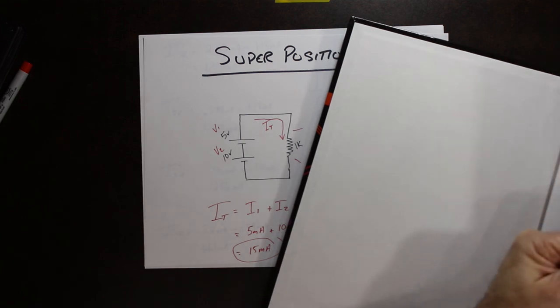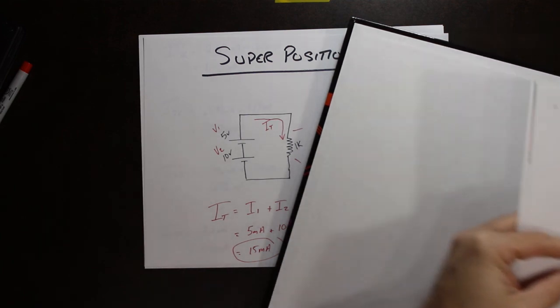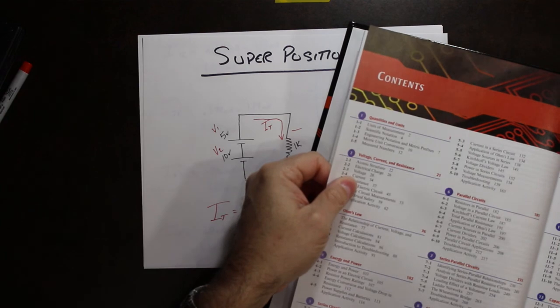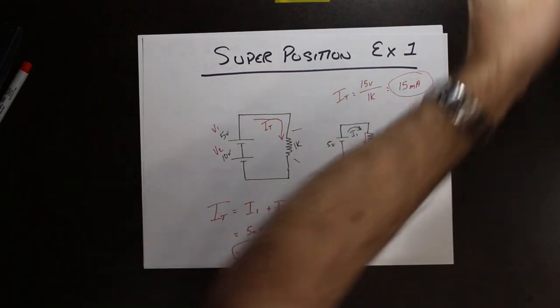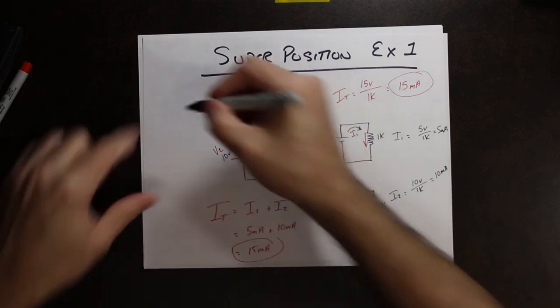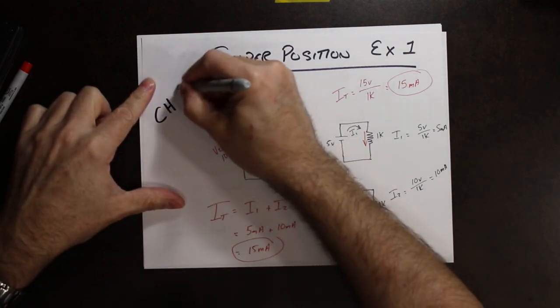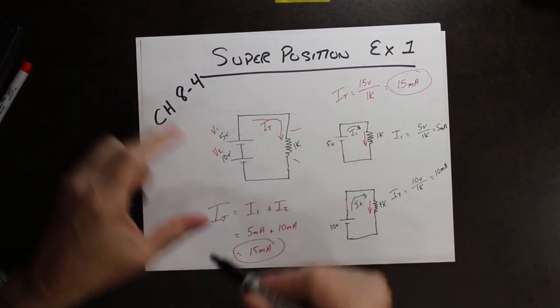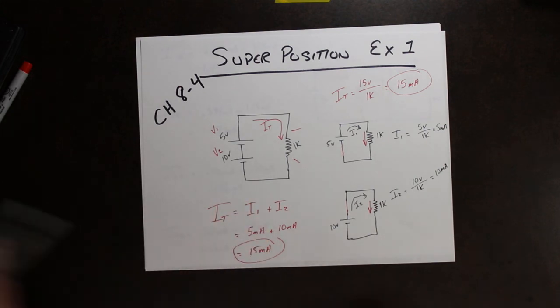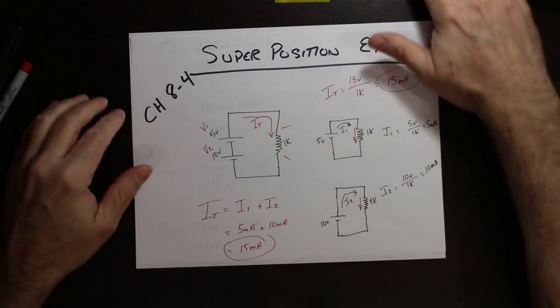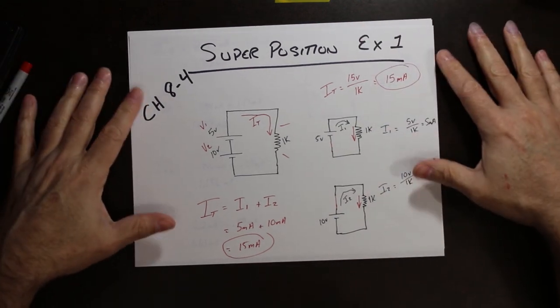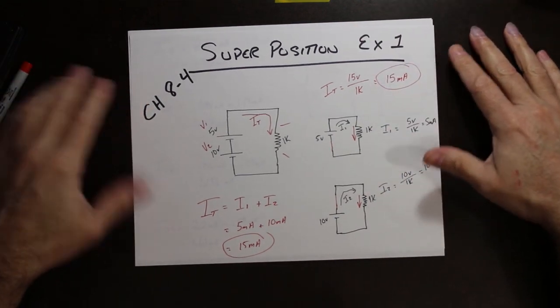In our textbook, superposition theory, 8-4. So section 8-4 of the textbook for more examples. There is also a theorem procedure that I put onto your Blackboard site under your lesson notes.